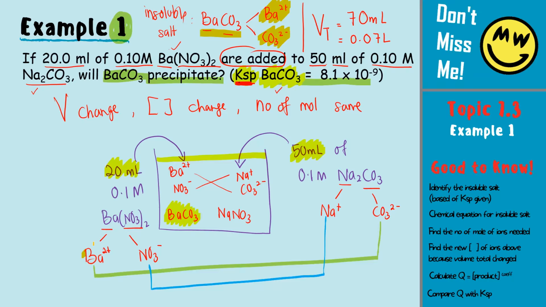So we are looking for barium 2 plus from the barium nitrate, and we are looking at your CO3 2 minus from the sodium carbonate. Can you see that right now? Okay, so we need to find the number of mole of this and the number of mole of this. Alright? So I hope you understand the question right now before we start doing the calculation.